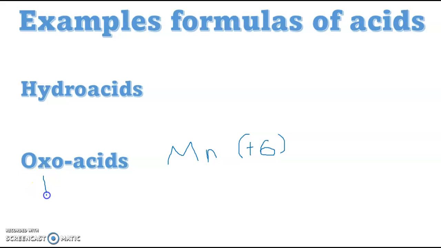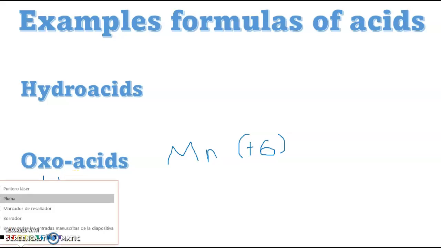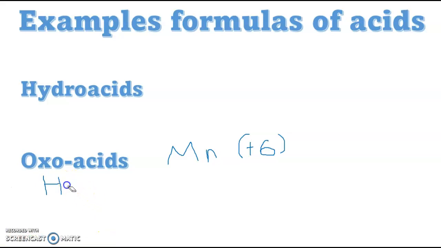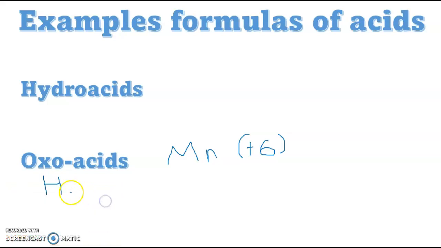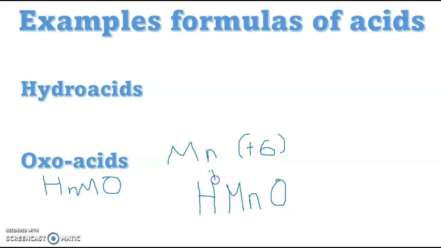So again, I follow the general formula, which is hydrogen, my non-metal, and finally oxygen. Okay, so I need to write hydrogen, my non-metal, which in this case is manganese, and then oxygen.